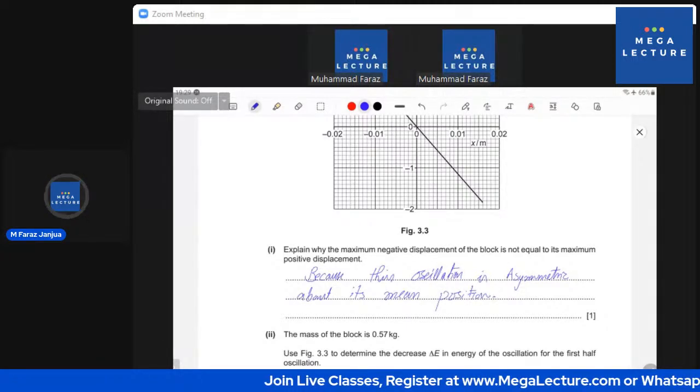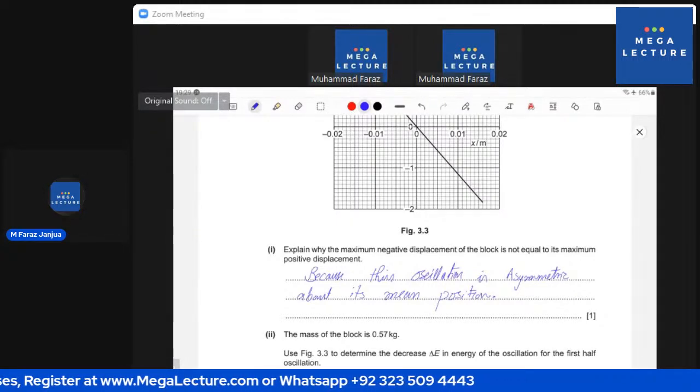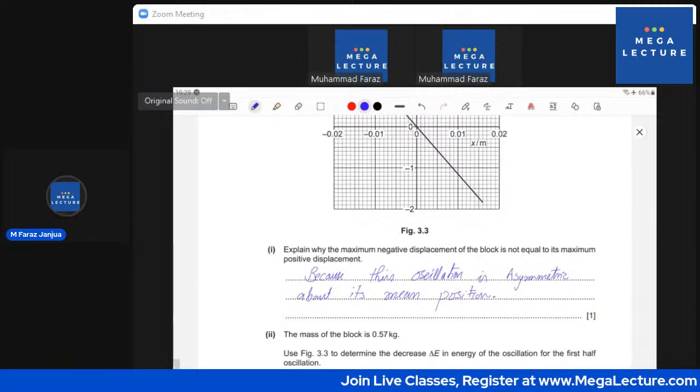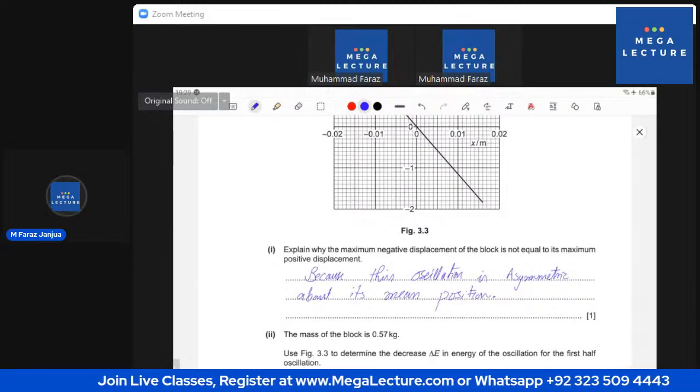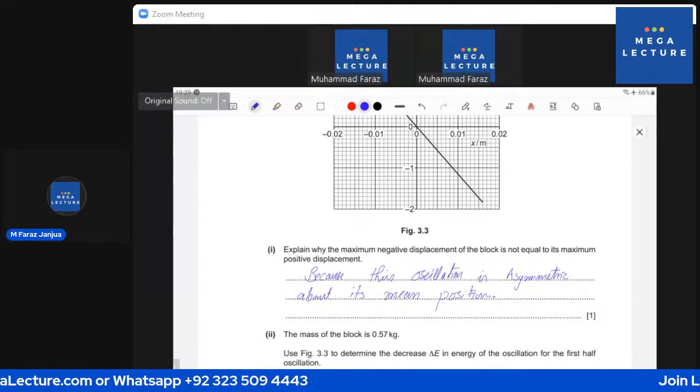So if there is a mean position, then the oscillation is not symmetric. Listen, when the object is going down, the upthrust is increasing. When the object is coming out of the liquid, the upthrust will be decreasing. So it means the maximum net force and the minimum net force are not exactly equal. That's why the displacements are not equal either.